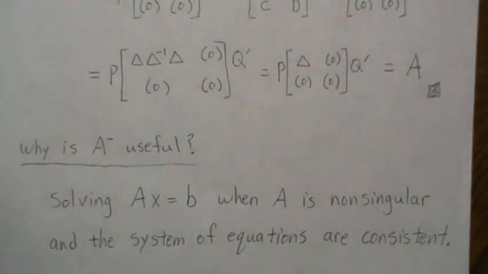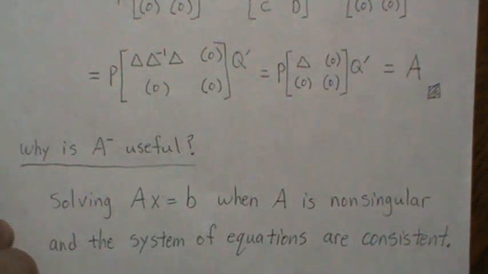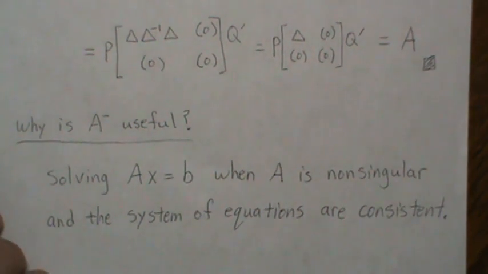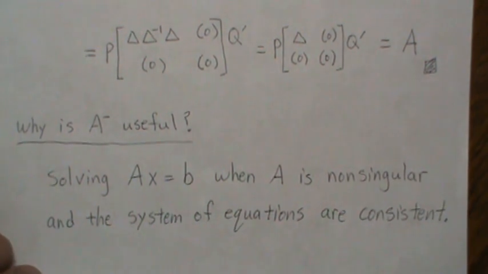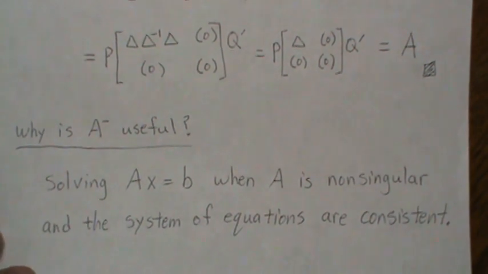Maybe one approach is the least squares approach, and in the next video, we'll look at what's called a least squares generalized inverse. But here, we're assuming the system of equations is consistent.